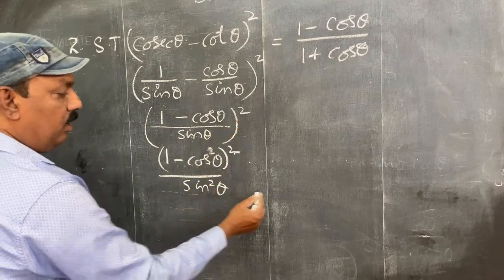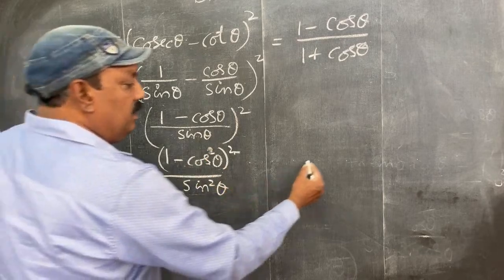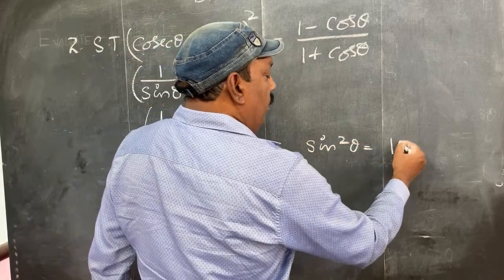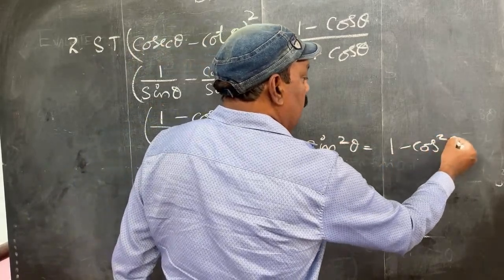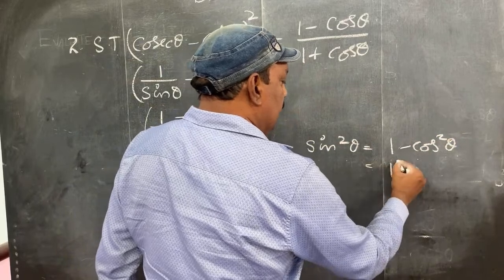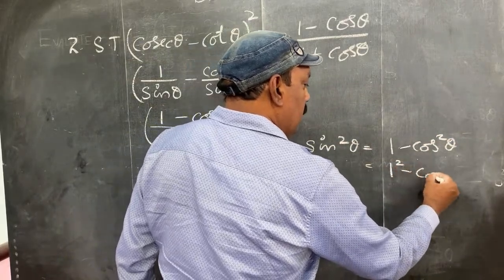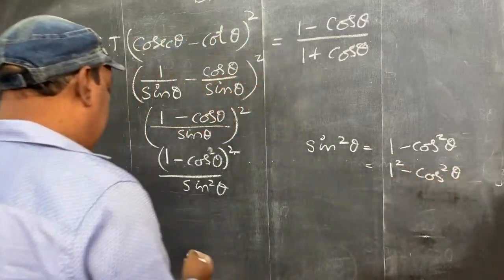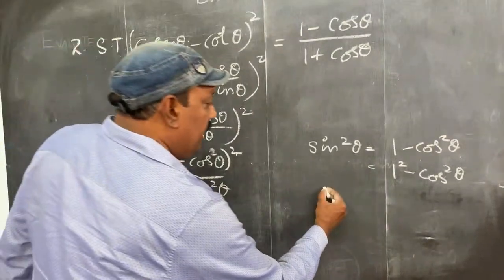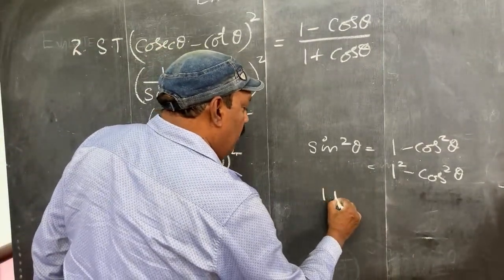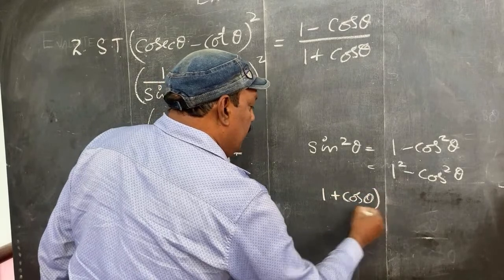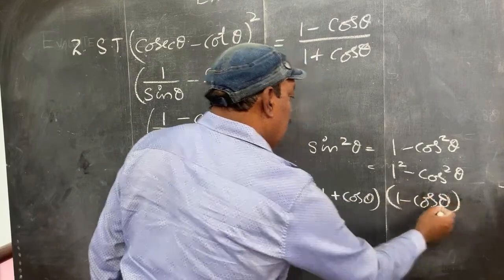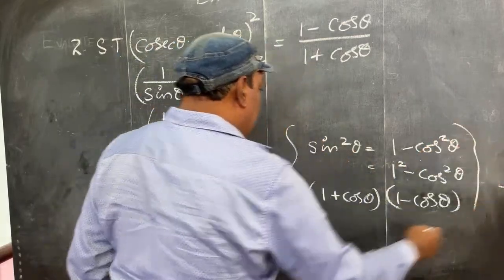According to identity number 1, sin square theta is nothing but 1 minus cos square theta. So this one we can consider as 1 square minus cos square theta. That means, from the a square minus b square format point of view, we can write this as 1 plus cos theta and 1 minus cos theta. This is the most important thing to be remembered.